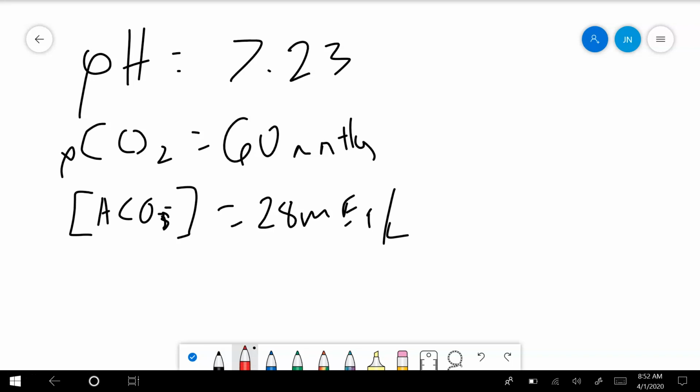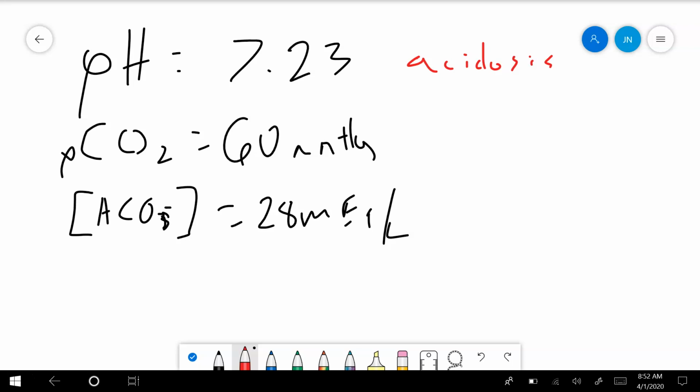All right. So as always, your first question here is, is this acidosis or alkalosis? The pH is under 7.35. Under 7.35, that makes it acidosis. Your next question is, is it respiratory acidosis or metabolic acidosis?